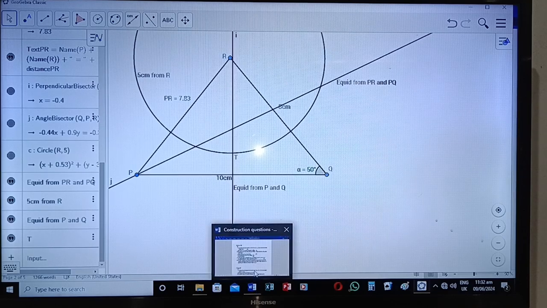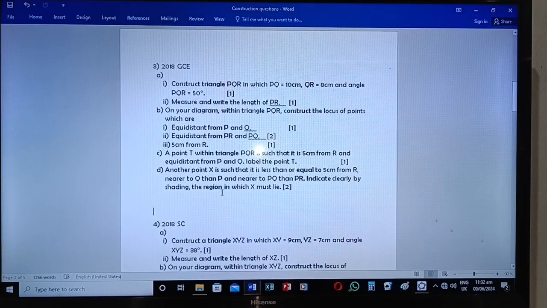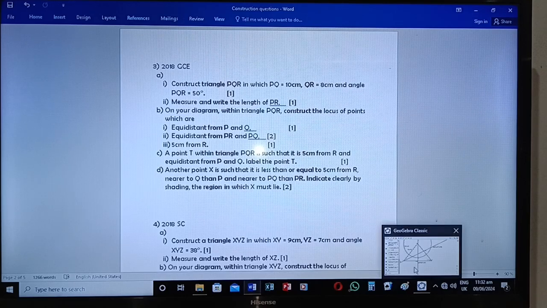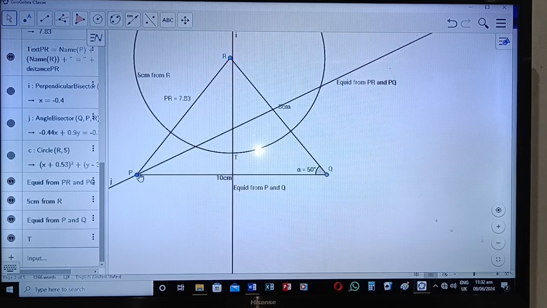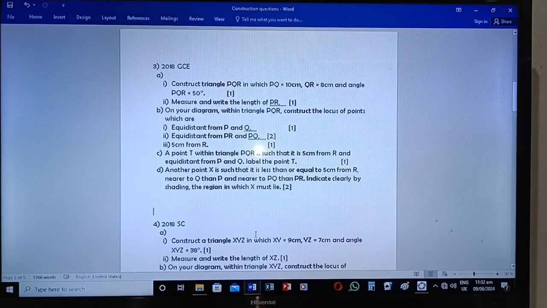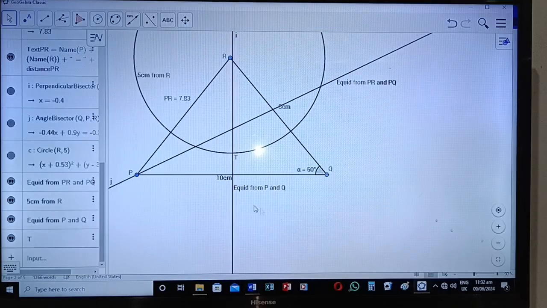And finally, we are told nearer to PQ than PR. So it is actually this point, this is where the point X must lie.